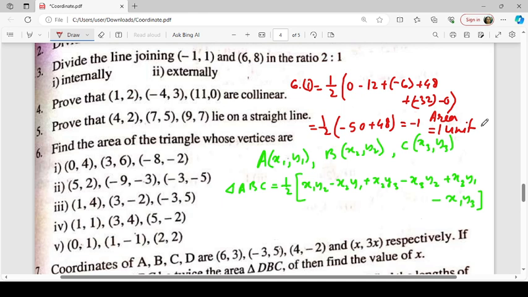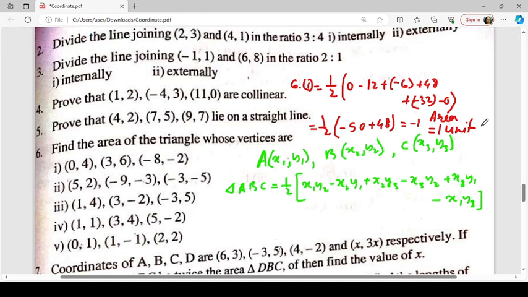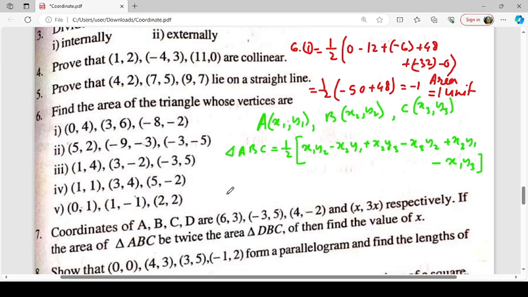Unit means whatever the unit may be. This may be square centimeter; the unit depends on the unit of the length, but the value is this. Because we are having -1, we write the positive value. So this is the way to find these values.